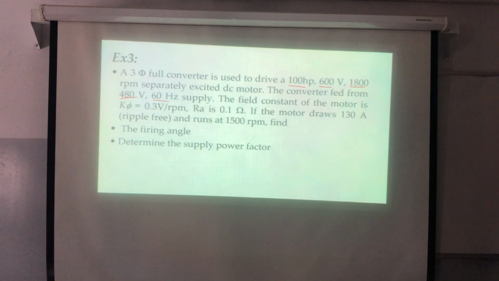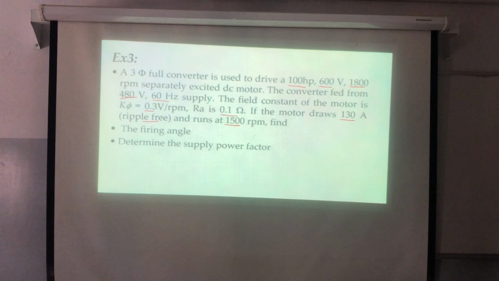The field constant of the motor, or the back EMF constant, is 0.3 volt per RPM. It is given as volt per RPM, so I cannot use it directly to calculate the torque. RA is 0.1 ohm. If the motor draws 130 ampere and runs at 1,500 RPM, I need to find the firing angle.